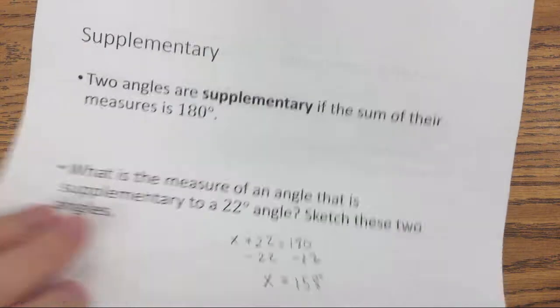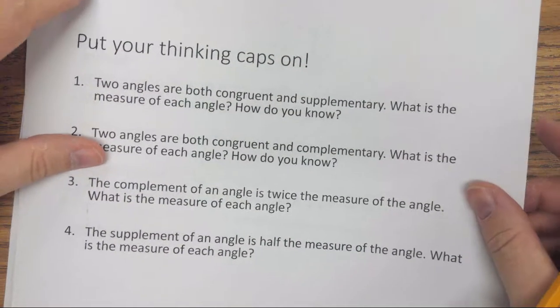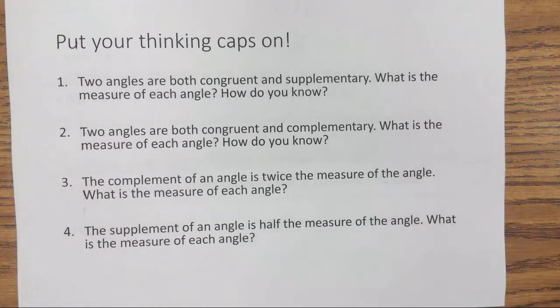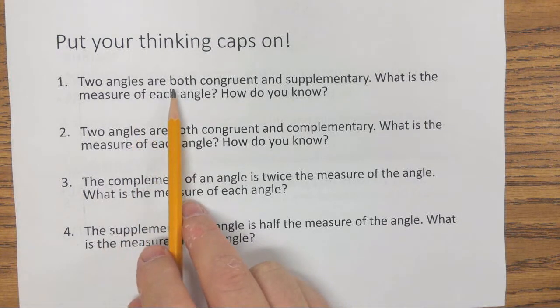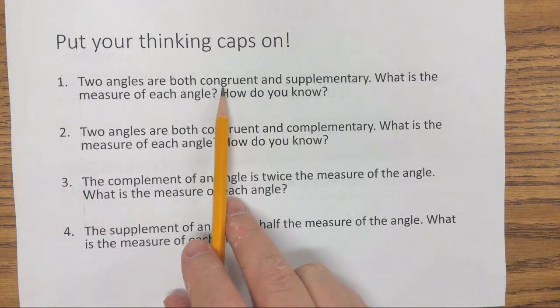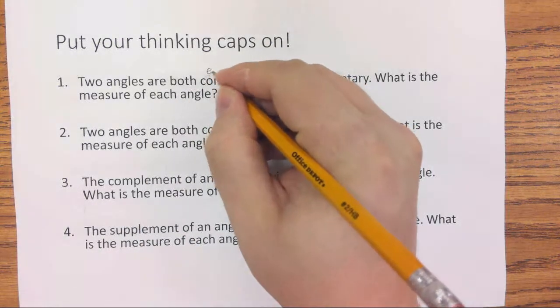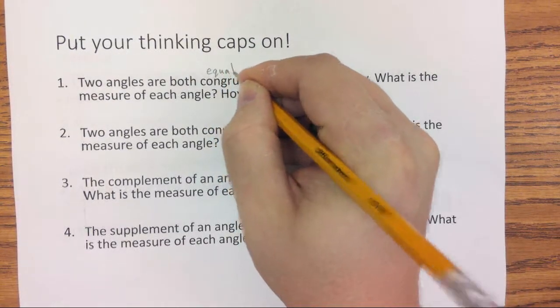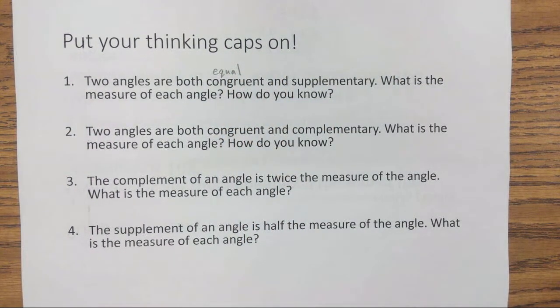Alright, moving on. Let's think about a few things here. So let's put our thinking caps on. I have two angles, both are congruent. What does congruent mean? That's right, that they're equal to one another. And they're supplementary.